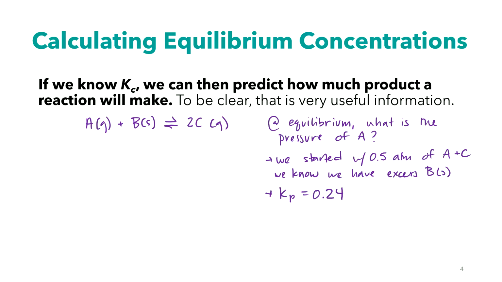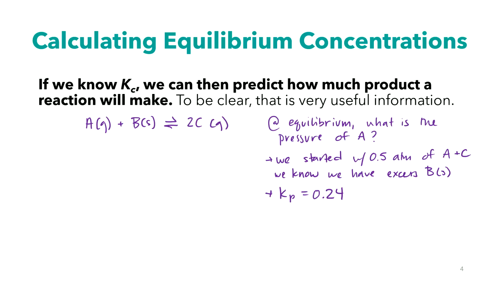In the first question, all we said was that A increased. Based on Q, we said, hey, Q is actually too big. I need to make some more reactants. So we said that the pressure of A increased, but we actually could have said exactly how much. So set this problem up as an ICE table.